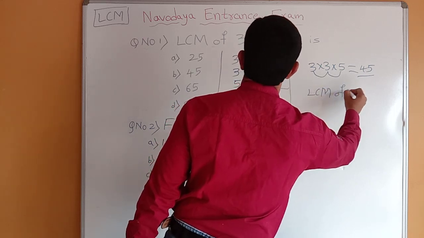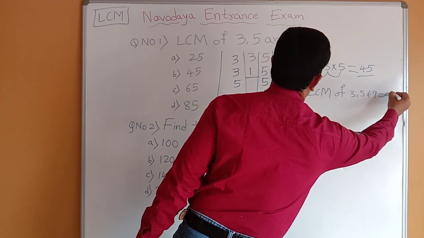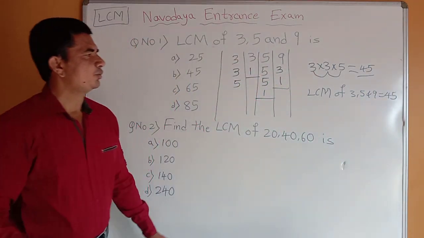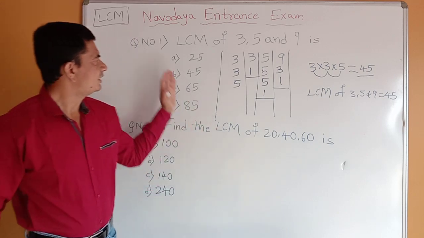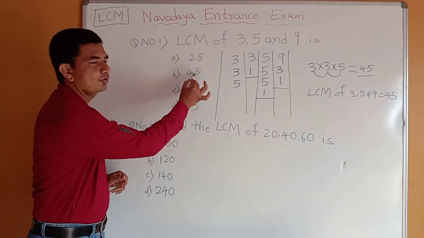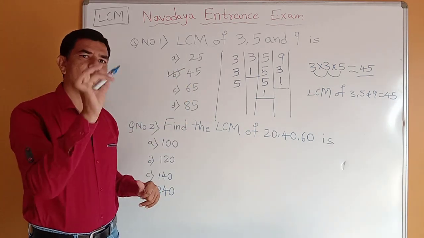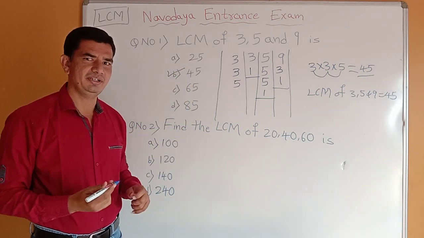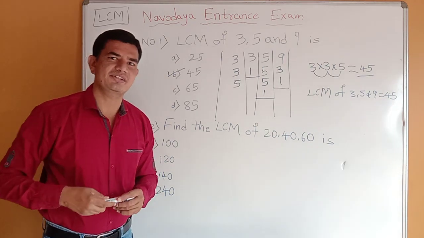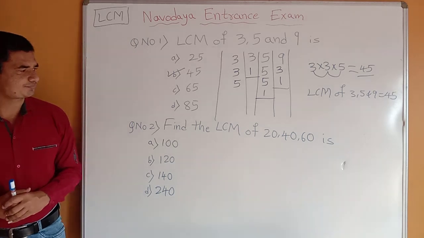LCM of 3, 5 and 9 is equal to 45. So you got the answer 45. Among the 4 options, is 45 there? Yes, 45 is there. So this is the right answer, and we circle it in the OMR sheet while writing the entrance exam. Now let's go to the next question.